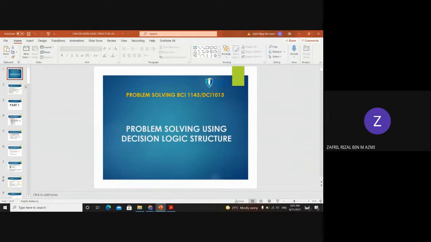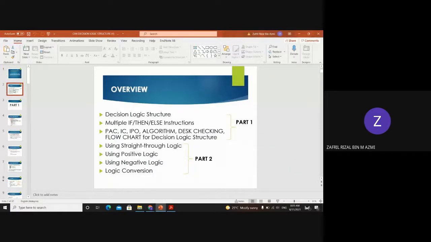Okay, quick recap. What we already covered is the decision logic structure. Let's look at the conclusion of last week's class.